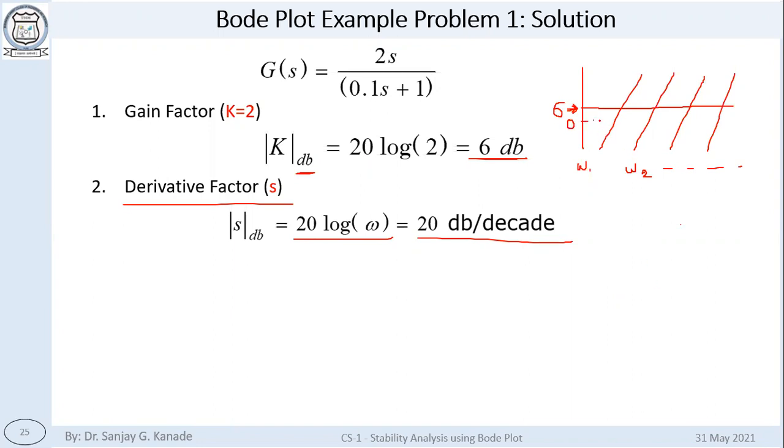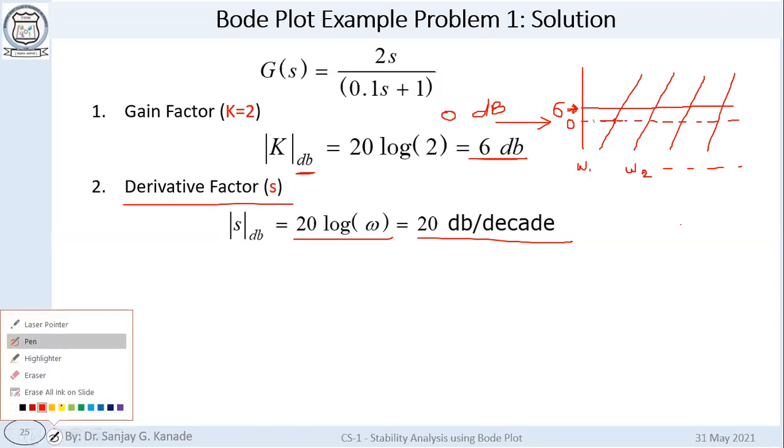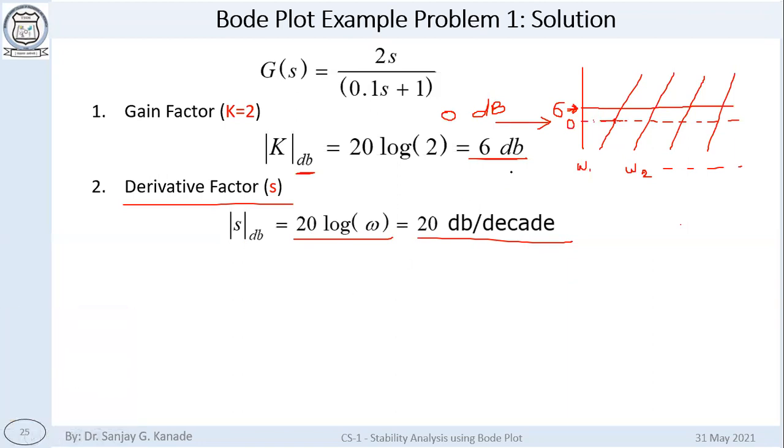It can be done by looking at the 0 dB line. If this is the 0 dB line, all the 20 dB per decade lines will intersect the 0 dB line at some value.